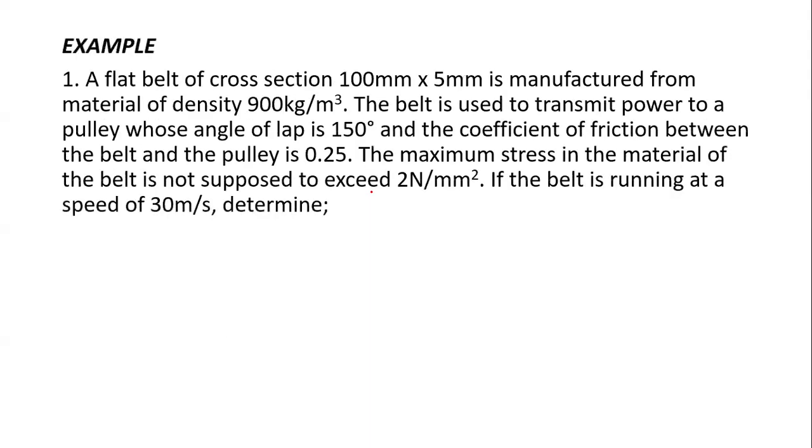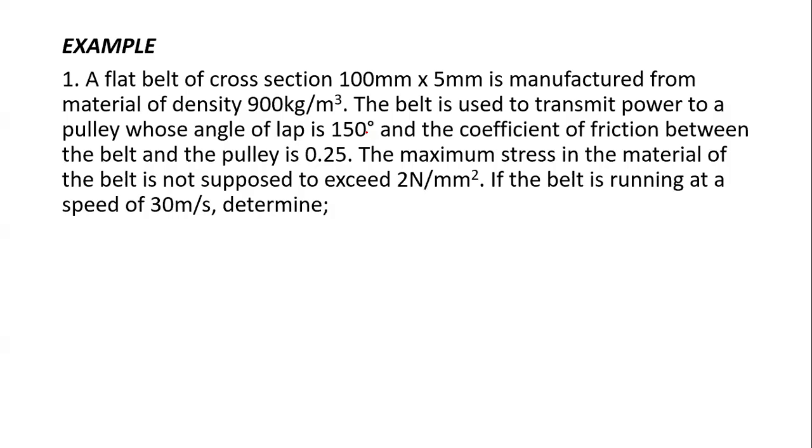Let's apply. So here we have a question. Our question is saying the flat belt, the cross section is 100 by 5. Material of the section density is 900 kg per cubic meter. The belt is used to transmit power to a pulley whose angle of lap is 150 degrees.